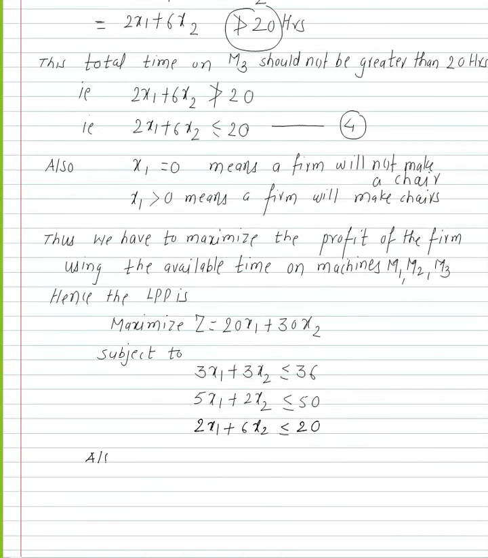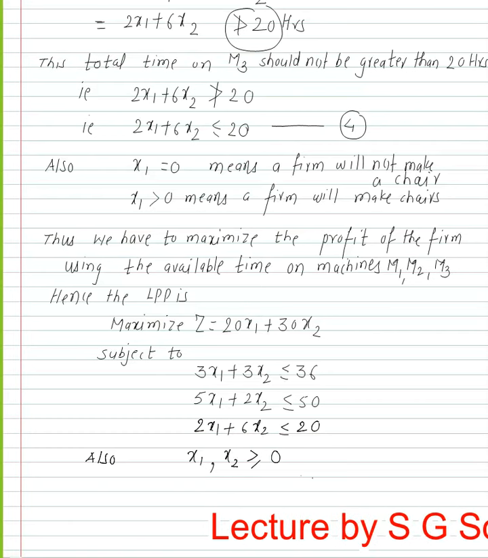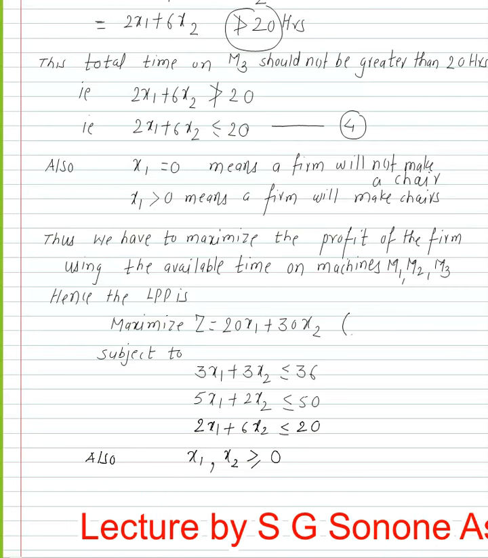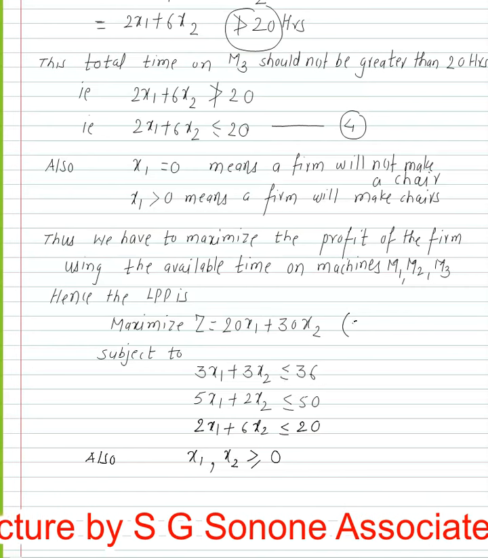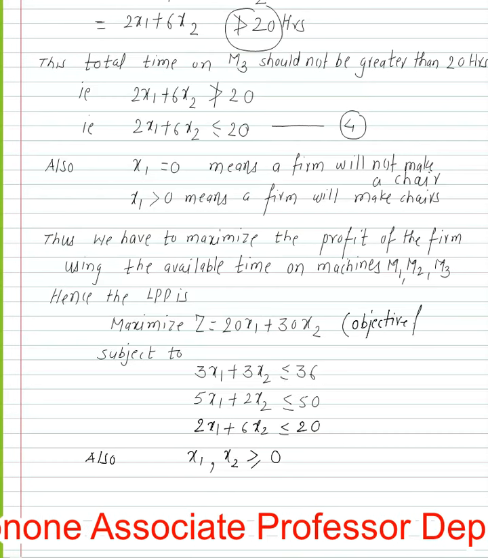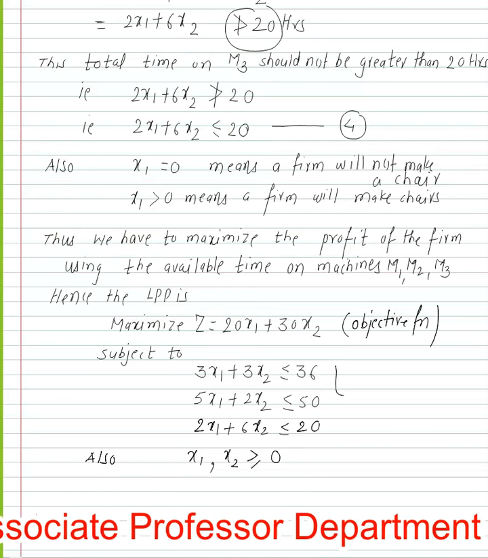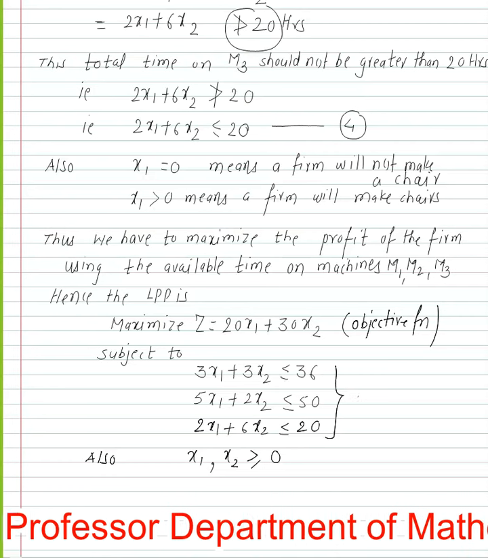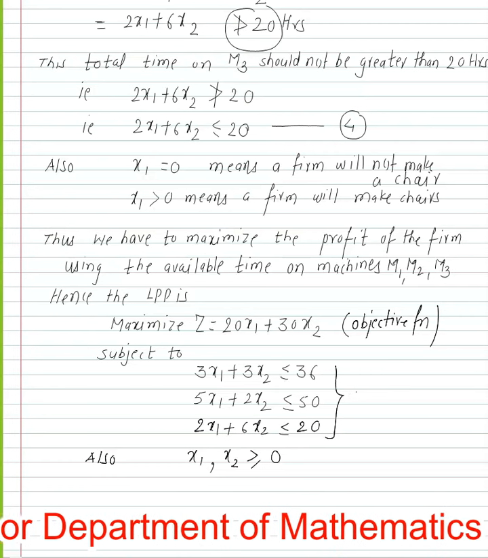Also, non-negativity constraints are there: x1, x2, both of these variables are non-negative. So this is the objective function. These three are the structural constraints.